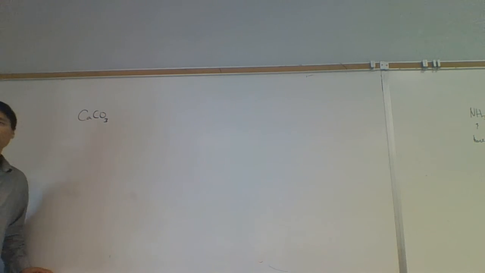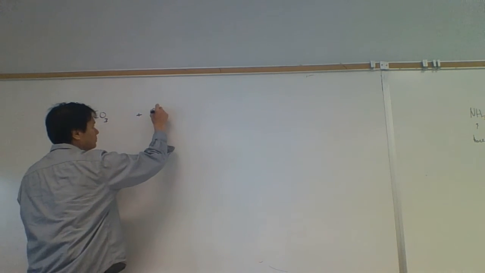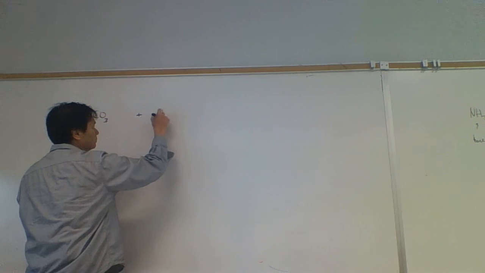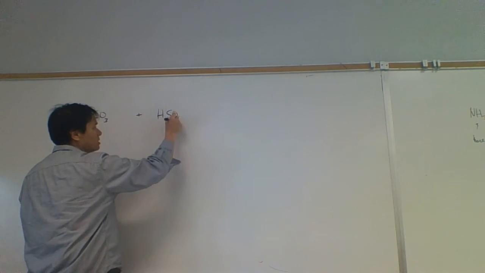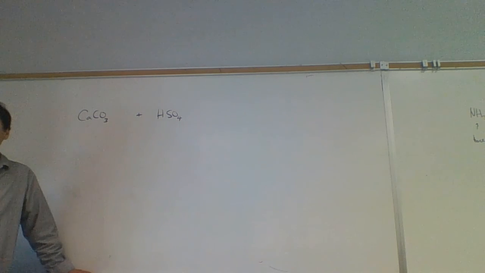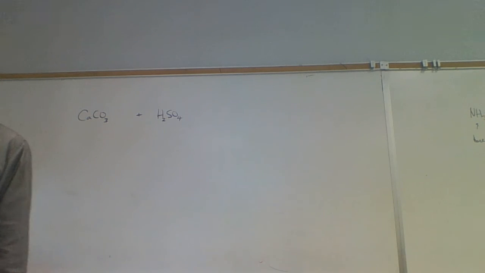Good, CaCO3. Now, what is the formula for sulfuric acid? HSO4? Close, but it's H2SO4. It's H2 because sulfate is 2-, so we need 2 hydrogen.